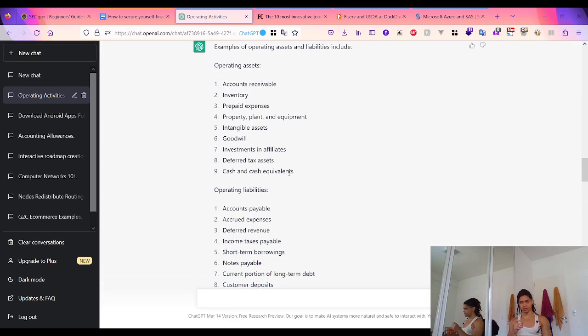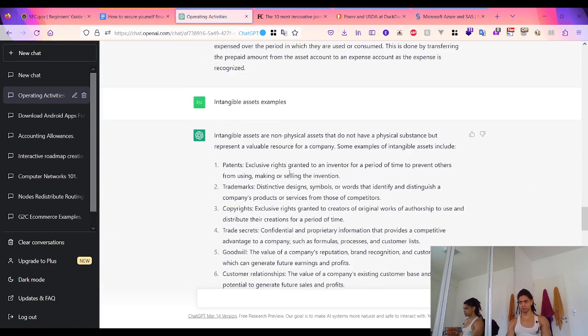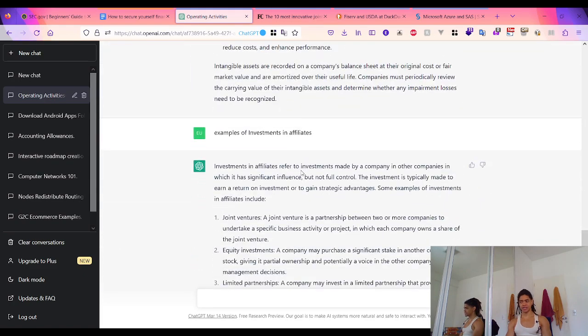And then I look at the investment in affiliates. When one company invests in another company which has significant influence but not total control, they do that to earn revenue from investment or to gain a strategic advantage.